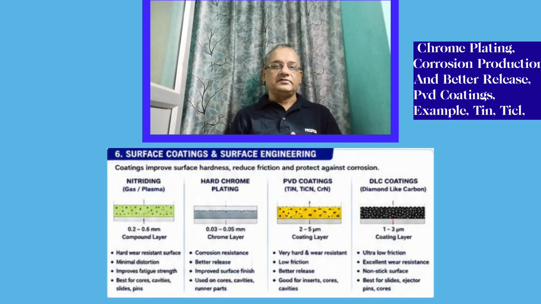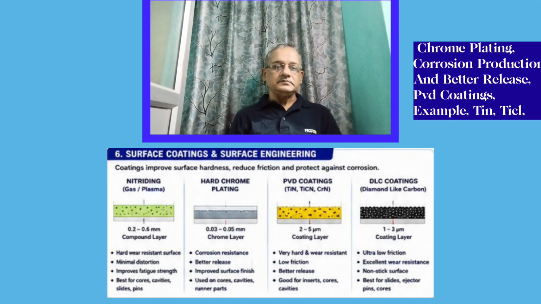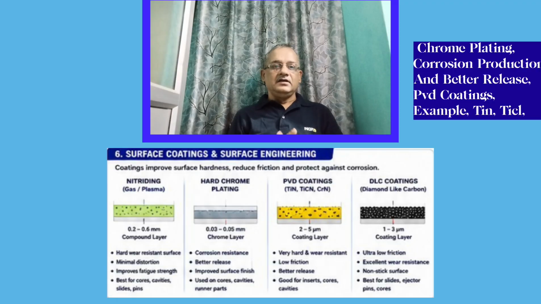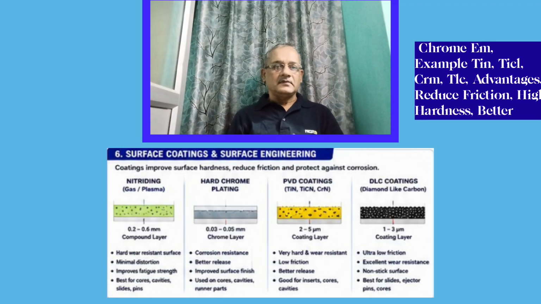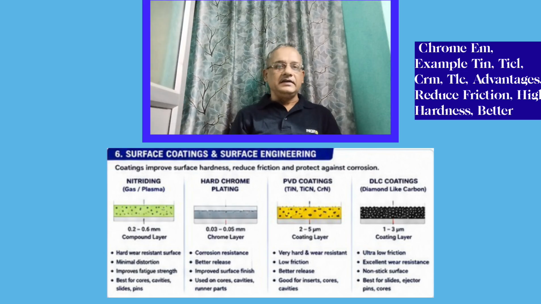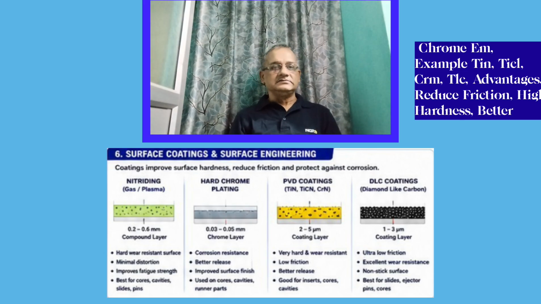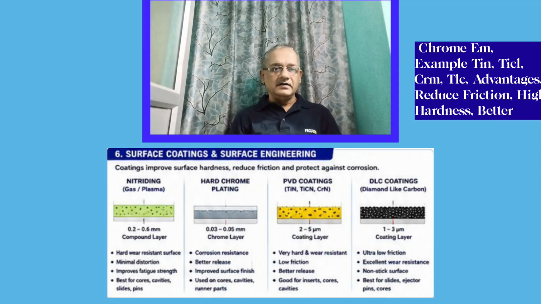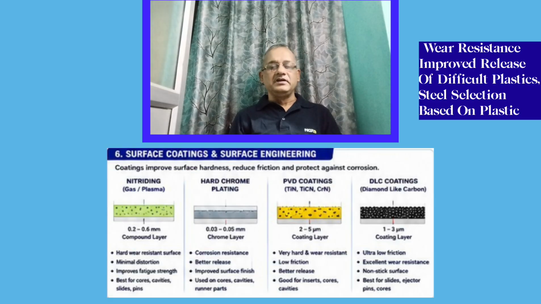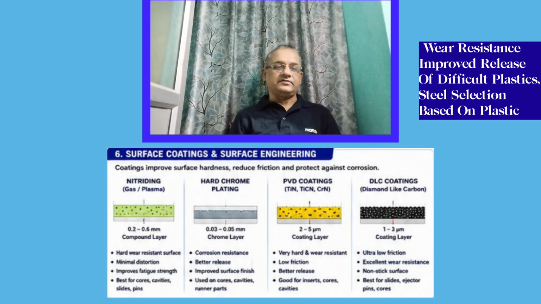PVD coatings. Example: TiN, TiCN, CrN, DLC. Advantages: reduced friction, high hardness, better wear resistance, improved release of difficult plastics.